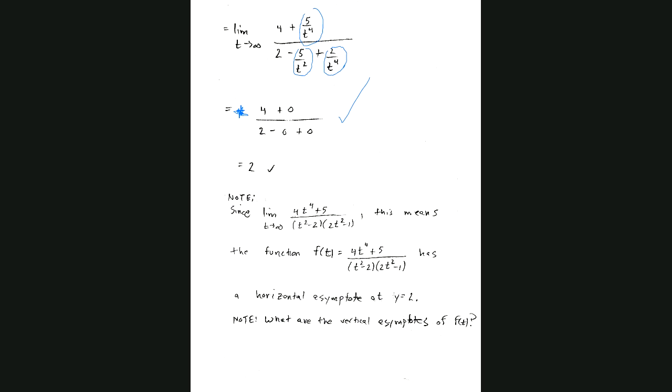And what this means, practically speaking, is that the function f of t equals 4t to the fourth plus 5 over t squared over the denominator t squared minus 2 times 2t squared minus 1, is going to have a horizontal asymptote at y equals 2.